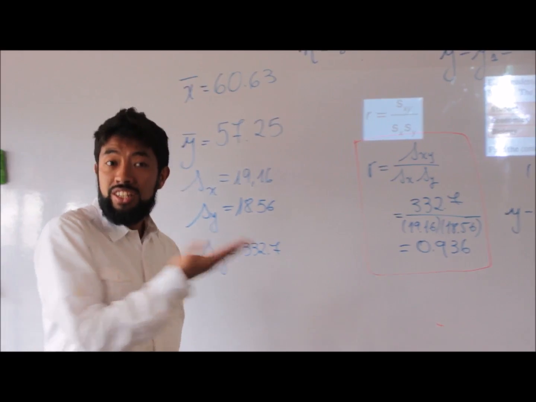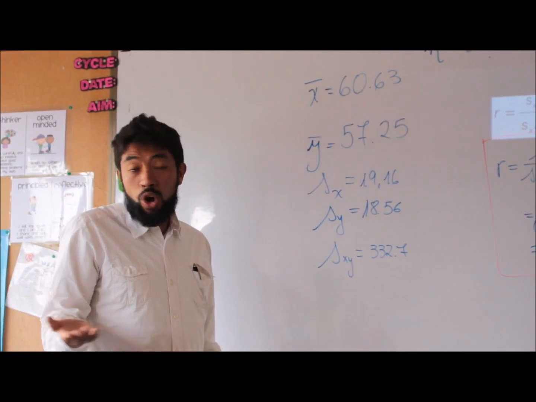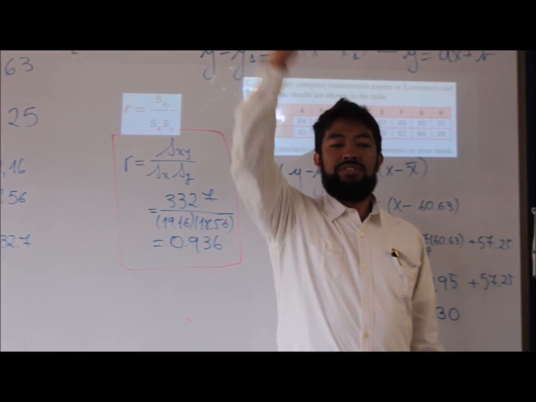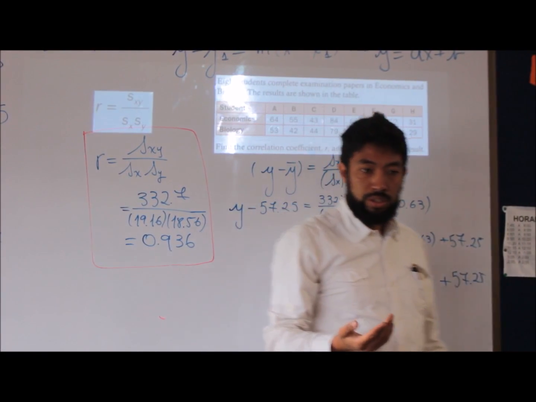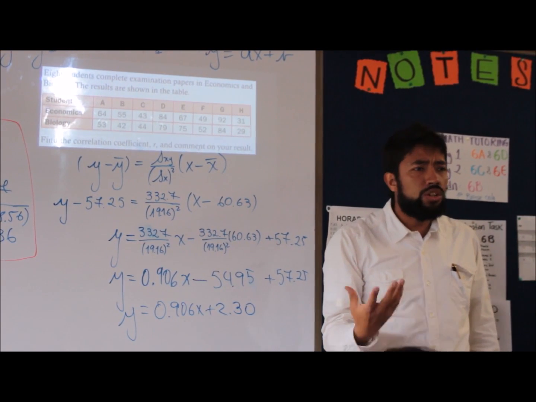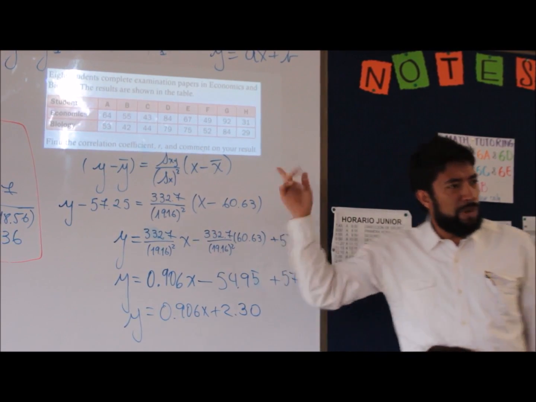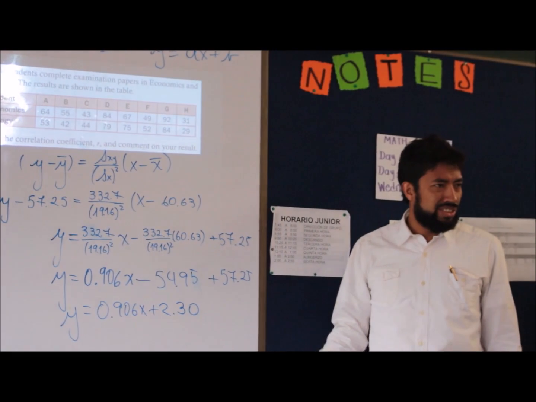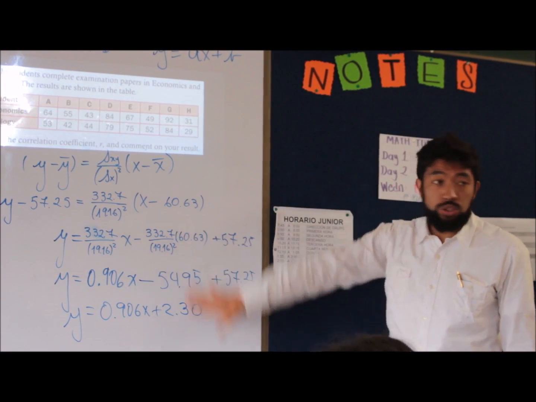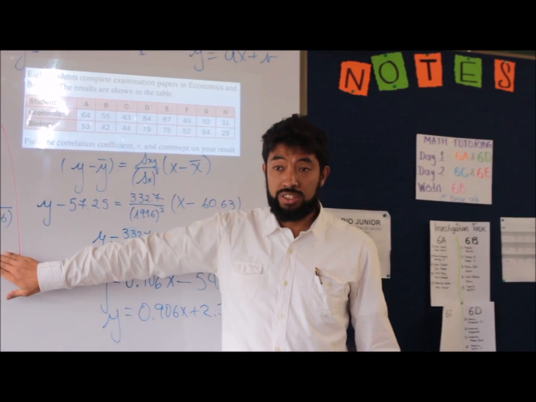When there exists strong correlation. Only in strong correlation. Obviously perfect is the strongest possible. But if I have a weak correlation, does it make sense to find this? So I found this because of this.